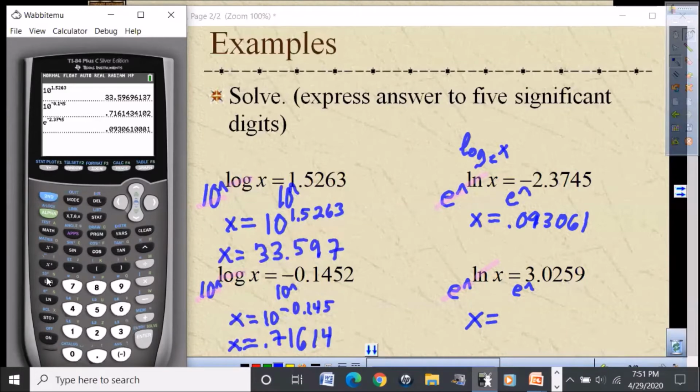Hit second natural log to get the expression e to a power. Type in 3.0259 for our power, and our result is 20.6125. To get 3 significant digits, we'll say 20.613.